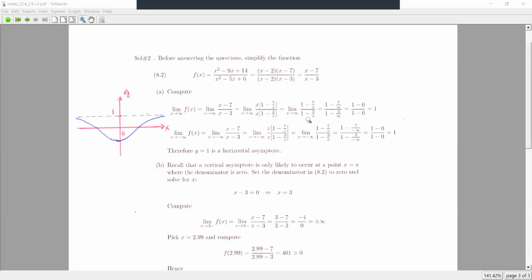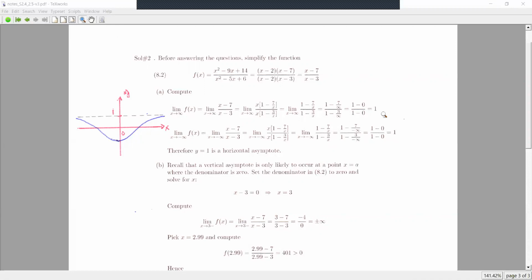Now, this limit should be easy to tell. As x approaches infinity, 7 over x and 3 over x approach 0. So this limit is this number. This number is 1. So as x approaches positive infinity, the function value approaches 1.